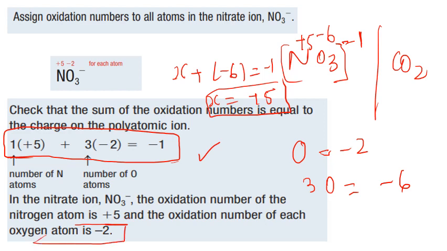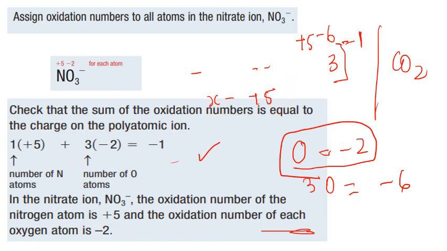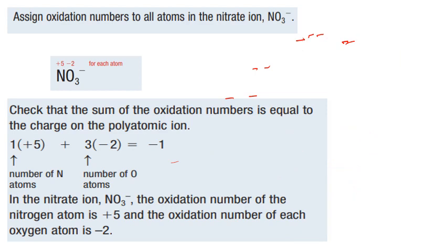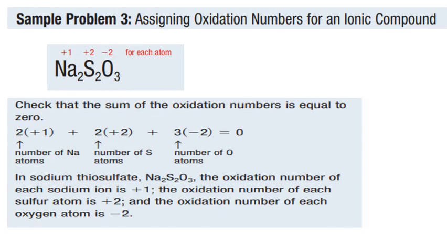You have to mention that you're telling it for one oxygen atom, right? I hope that is making sense so far with the oxidation numbers, how we calculate it in a neutral compound, and how we do it in ionic compounds. And then again we have a similar kind of problem.